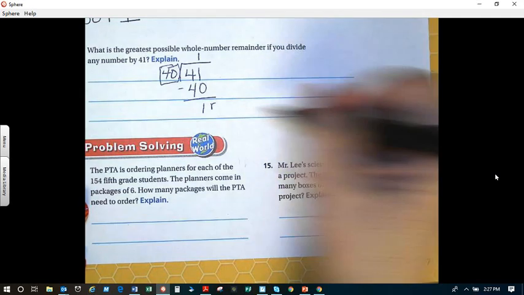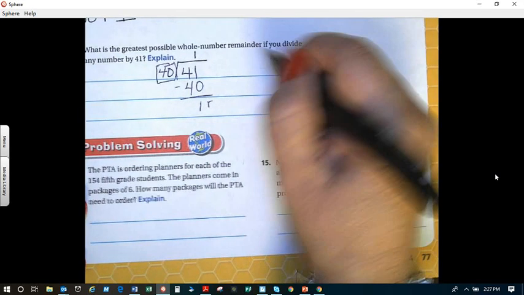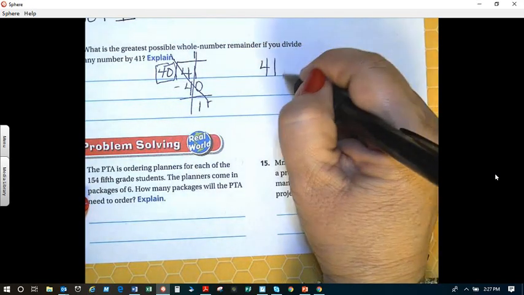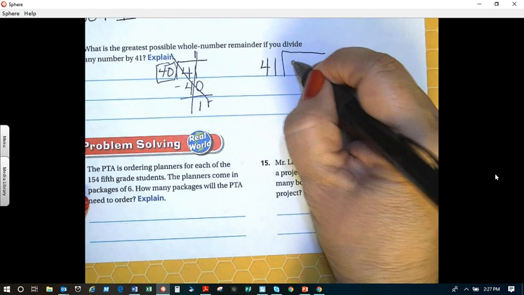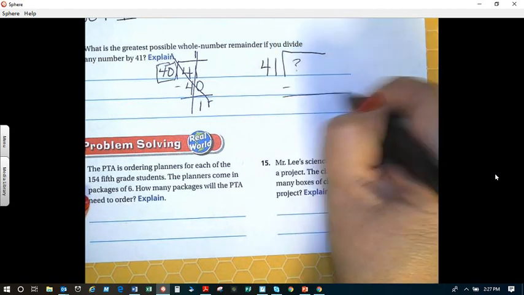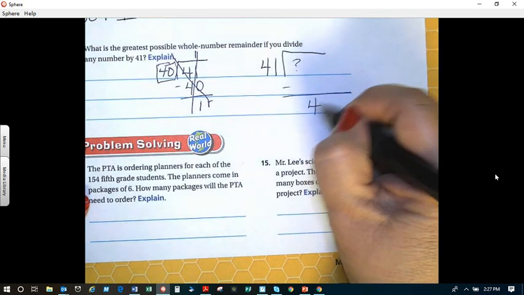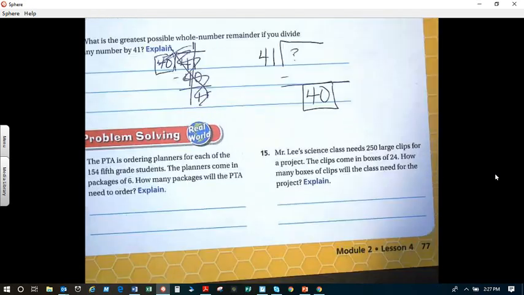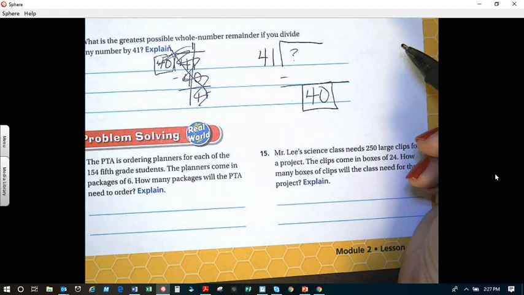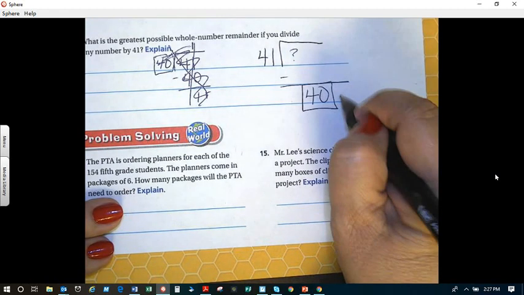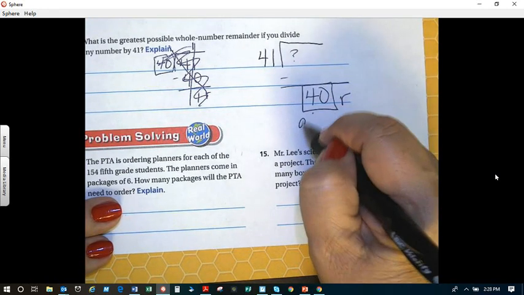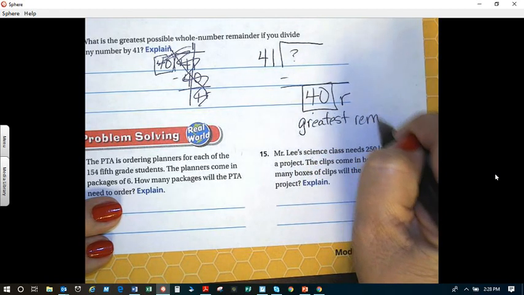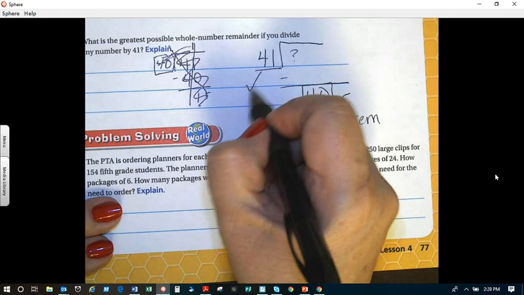And so, because I can't have, oh, I'm so sorry, I did that wrong. This is 41. And remember, whatever this number is, the greatest number remainder, this is what it is. So sorry about that. I'm even reading it and I didn't understand what I'm saying. This would be my remainder. This is the greatest remainder because it's less than my divisor.